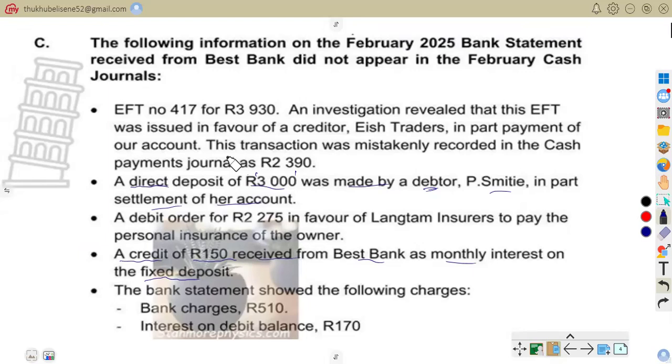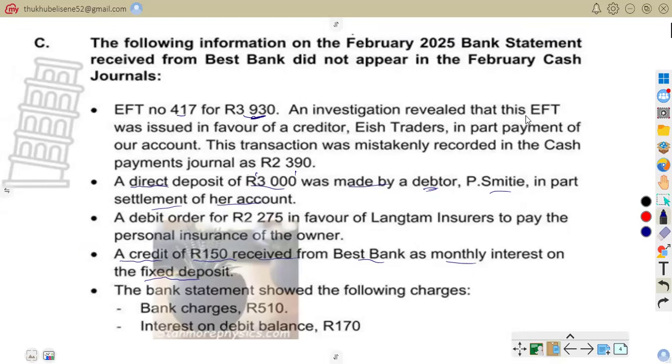As we are looking at those, you can see now we have this transaction which says electronic funds transfer number 417 for 3,930.